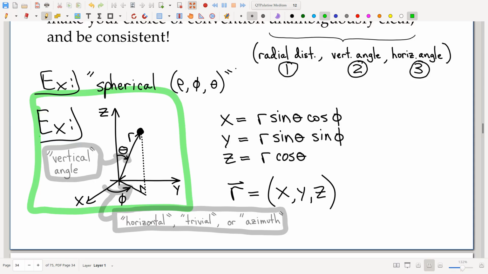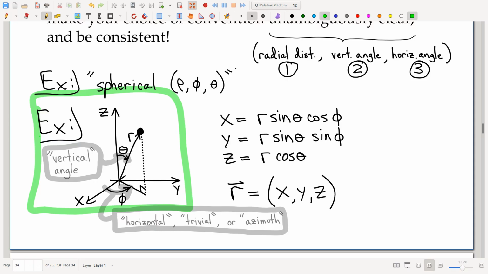Namely this distance down here. So, heads up. Be careful about that. And then, one of the really frustrating ones: notice what we have in the past called phi, in this convention is called theta. And what we in the past have called theta, in this convention is called phi. Right, so heads up on that one. You've got to be careful about that.